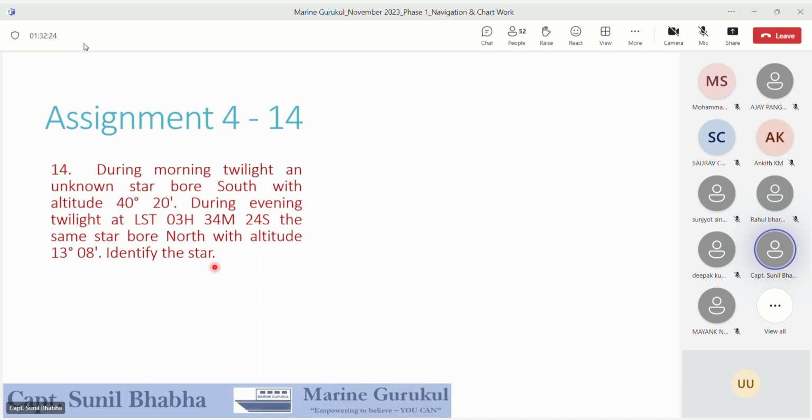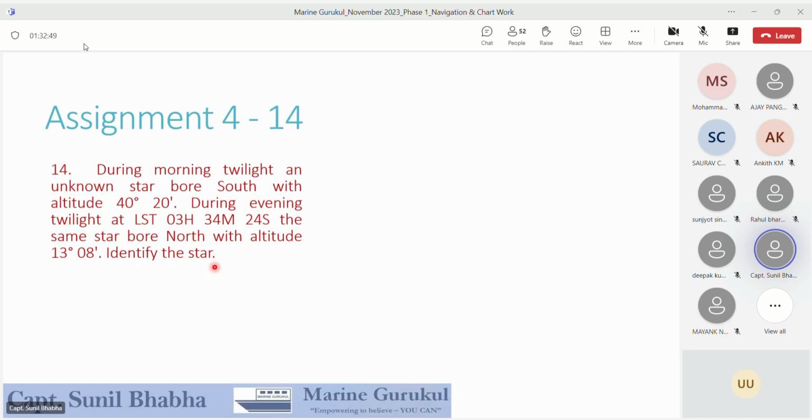Now, before we start solving this question, I would like to explain the basic procedure which we follow in all these celestial navigation based questions. The basic thing to be done is, number one, draw the rational horizon diagram.